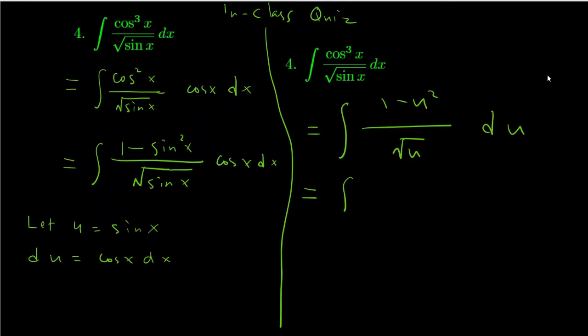You know 1 over square root of u can be written as u to the power of negative 1/2. I write 1 over square root of u as a power function, u to the power of negative 1/2. And then you copy the numerator, 1 minus u squared.